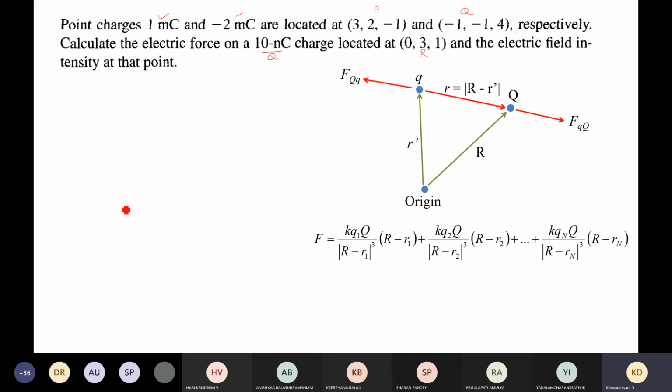Let's say there is an origin point 0, 0, 0, and some point P is here and point Q is here. It is better to use some other term, so we can use S because we have the Q here. So another position we have is S. Then the test charge is available at the point R.